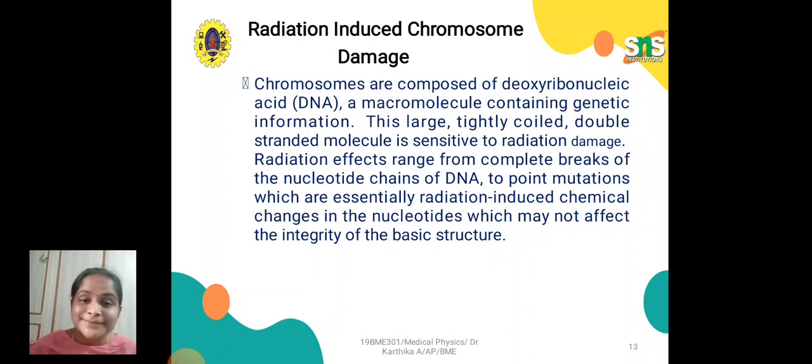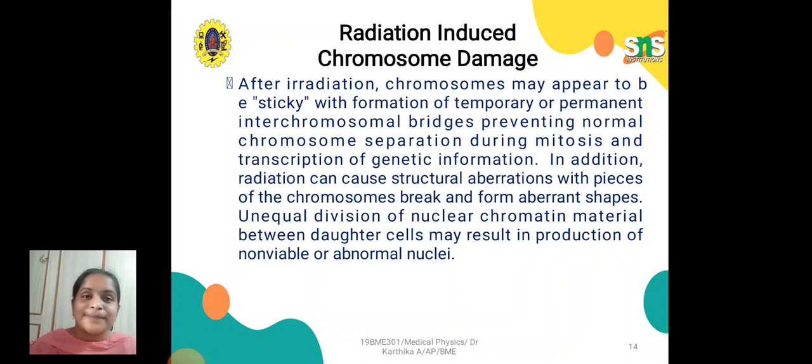Okay, next one is about radiation induced chromosome damage, and thus an unequal division of nuclear chromatin material between the daughter cells may result in production of non-viable or abnormal nuclei.